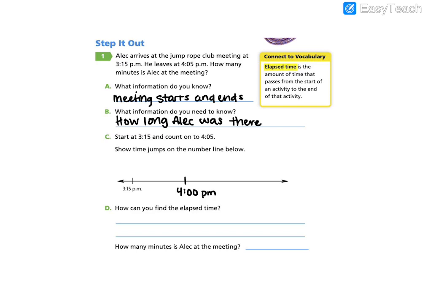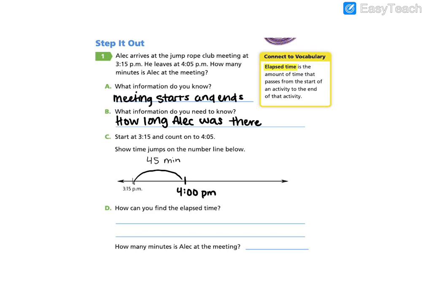We're going to show a jump from 3:15 to 4 o'clock. And on top of that jump, we're going to say how long it took. So to go from 15 minutes to the next hour, remember an hour is 60 minutes. So to go from 15 to the next hour would be 45 minutes.